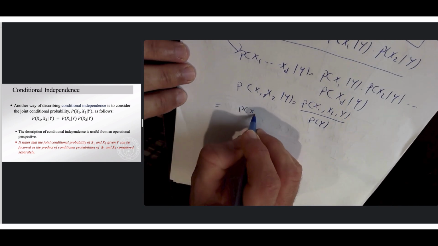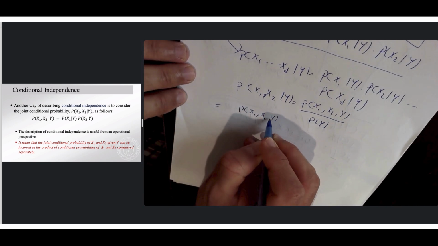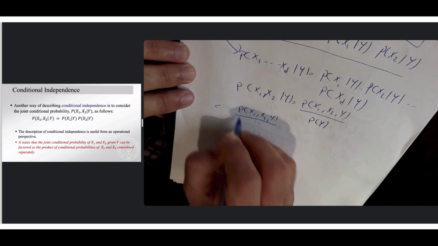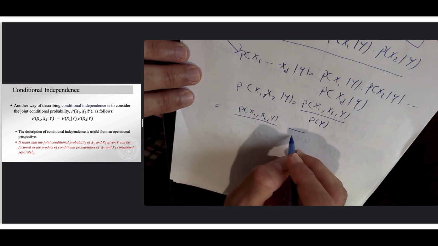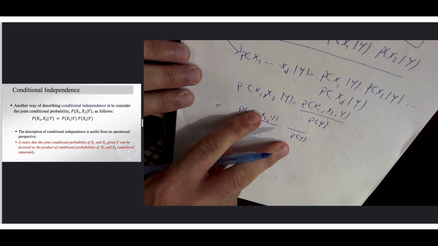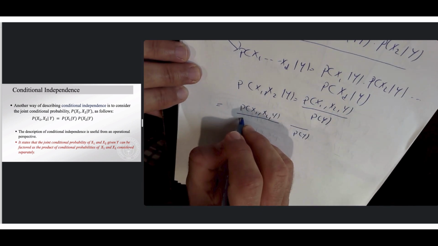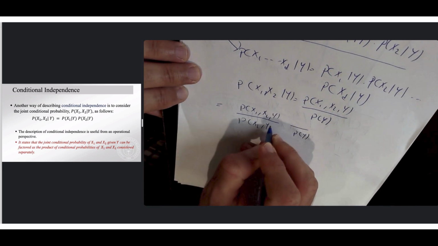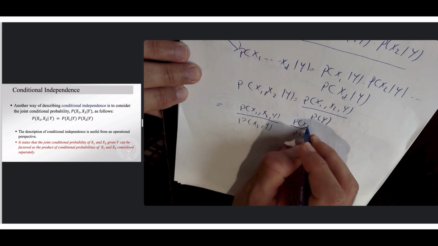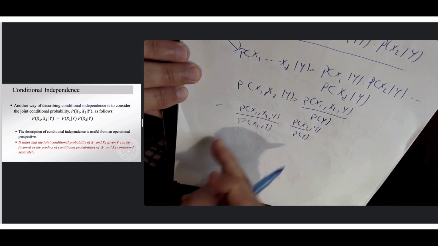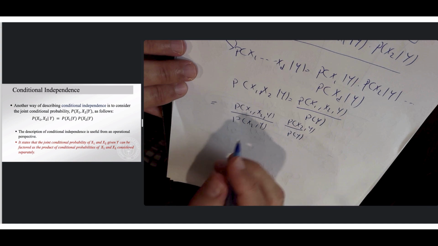If I write x1, x2, and y, the joint probability, in a different way here, I didn't change anything. Then I can multiply and divide by x2 comma y. Can you do this? Yes, they cancel each other, so I didn't do anything here. Good.